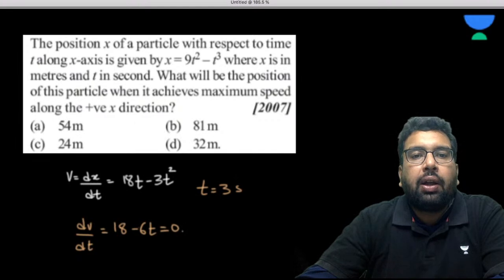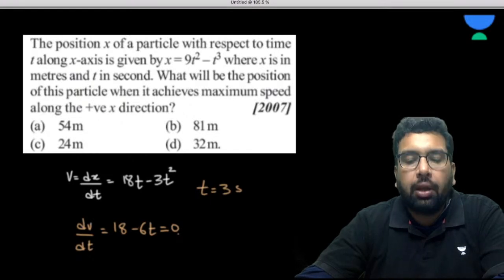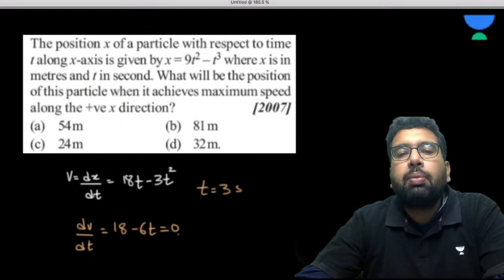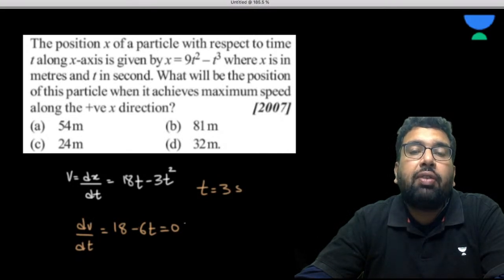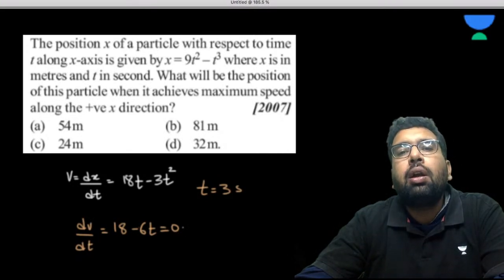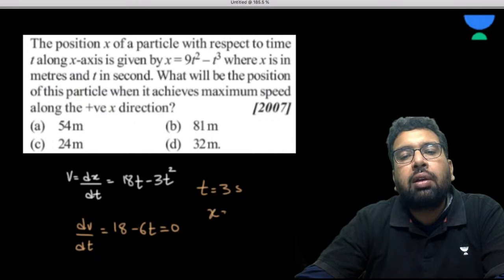So what is going to be the position? First we have understood that it will have the maximum speed when the time is 3 seconds. Now to find the position at t equal to 3 seconds, we need to put this into the formula of x, which is 9t square minus t cube.